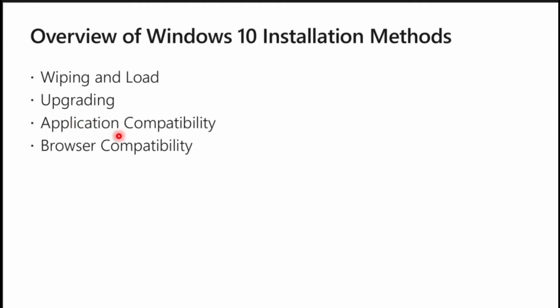Then, upgrade application compatibility is also important. Based on what kind of applications you want to run, you can install the Windows 10 machines. Browser compatibility is also important. Based on what kind of browser you want, you can install Windows 10.